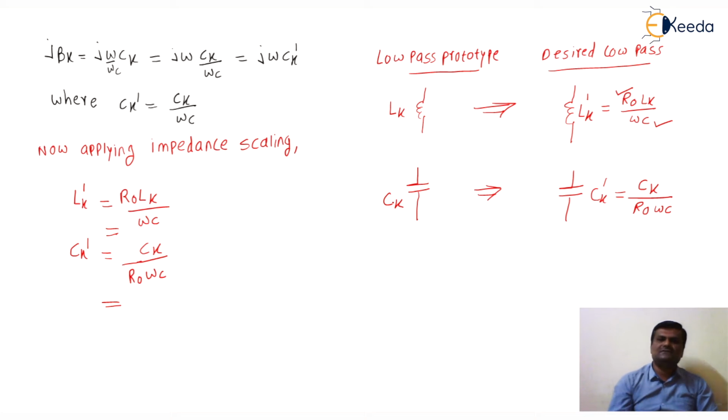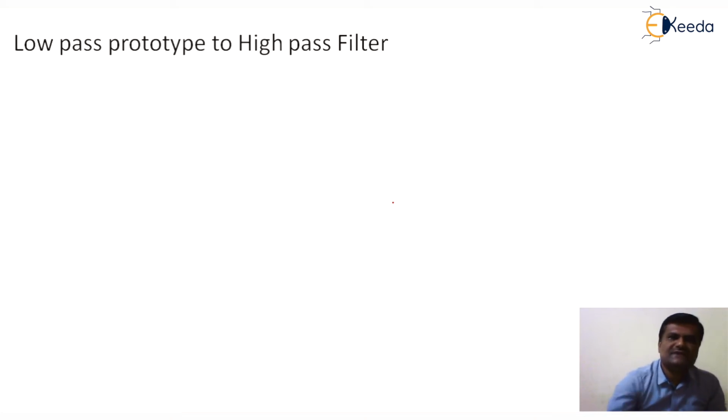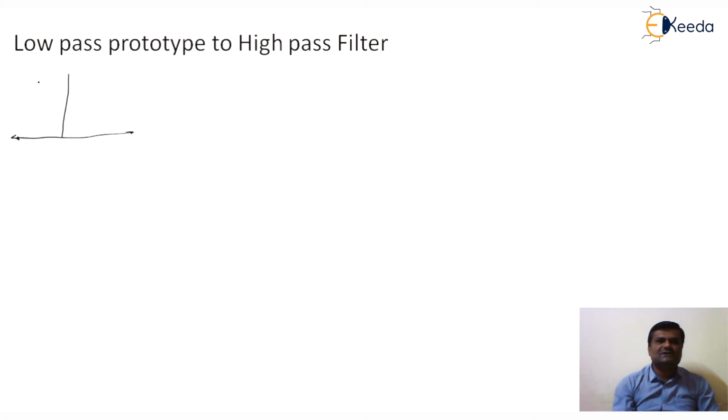Okay. Now we'll see the next part, low pass prototype to high pass filter. I draw a response. This is the response of the low pass prototype, PLR, with 1 and minus 1.